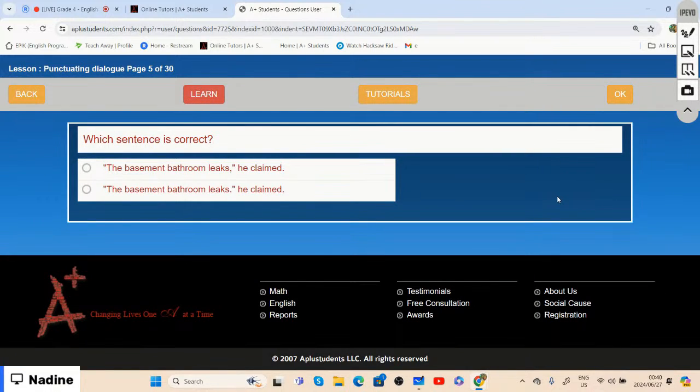Option two is correct. Which sentence is correct? Is it option one, which says, the basement bathroom leaks, comma, he claimed, or option two, which says, the basement bathroom leaks, period, he claimed?